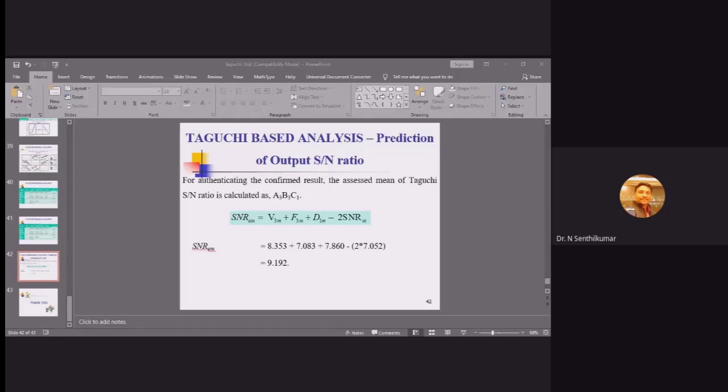For example, MRR I am going to provide 0.25, 25% weightage. Surface roughness, 25% weightage. And the remaining 50% is given to flank wear. Put together, 100%. So we call it the combined objective, or whatever name you like.